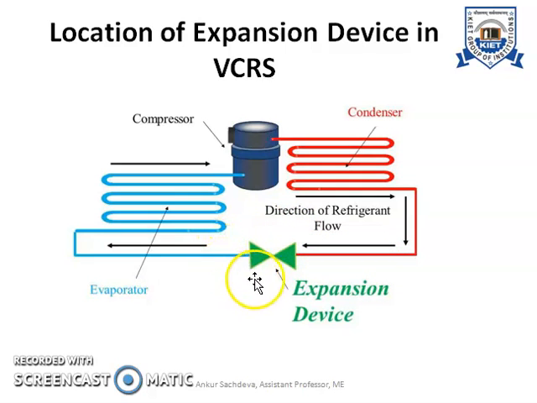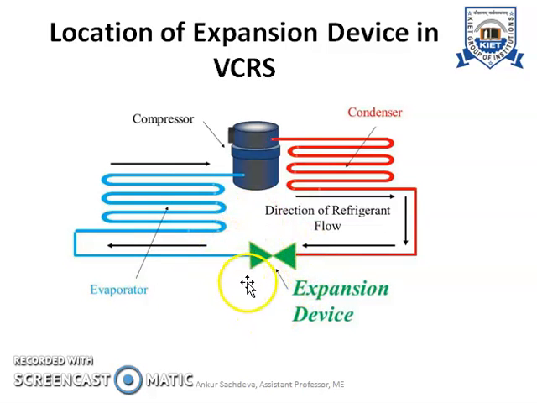where the throttling of the refrigerant takes place, and then after the expansion device the refrigerant in low temperature and low pressure condition again enters the evaporator. Now in this evaporator the absorption of heat will take place from the product to be cooled, and hence this complete cycle will be repeated again and again.